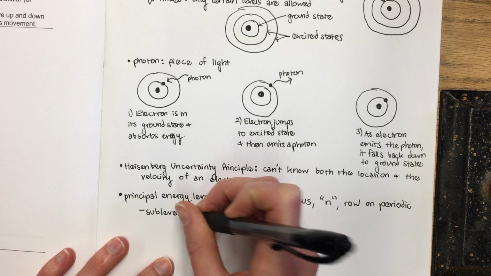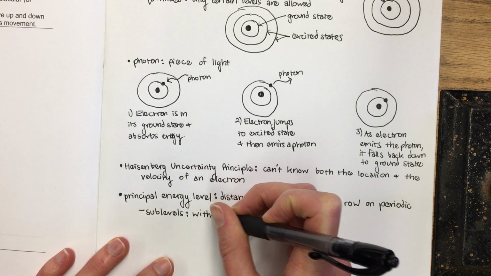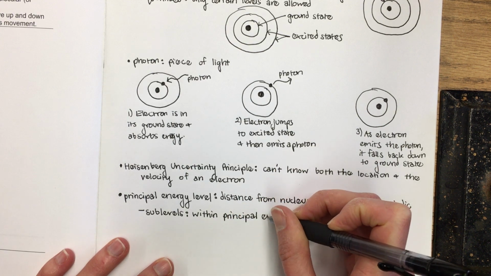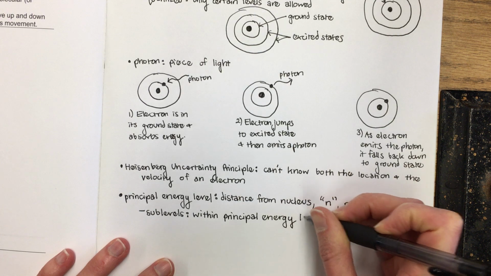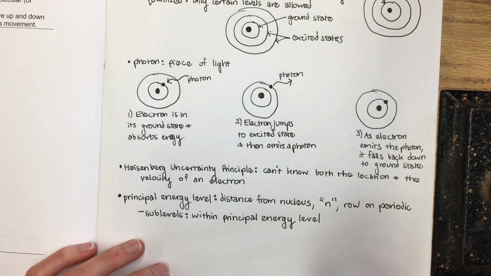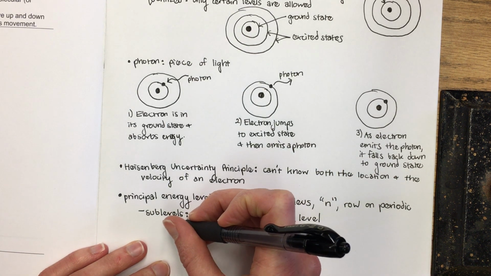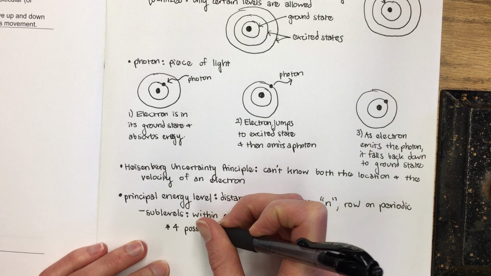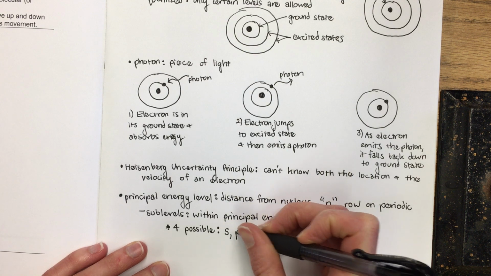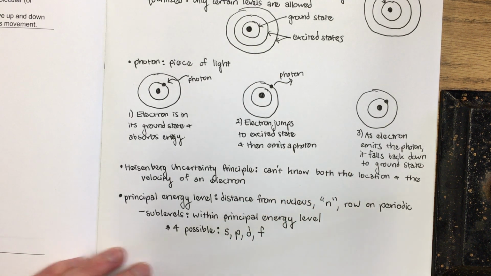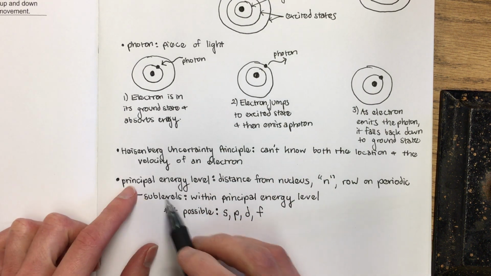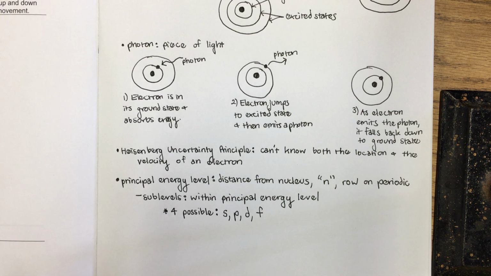There are sublevels within the principal energy level, and there are 4 possible sublevels. They are S, P, D, and F. So these are just different kinds of energy levels within each principal energy level. We'll draw a diagram that will make this make a lot more sense.